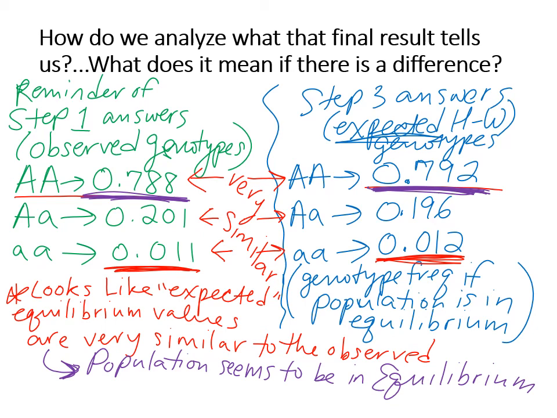Now for the Remind question. I want you to send me in the Remind app. For this slide, we eyeballed it. We said, okay, they all round off to about the same thing. It's in equilibrium.